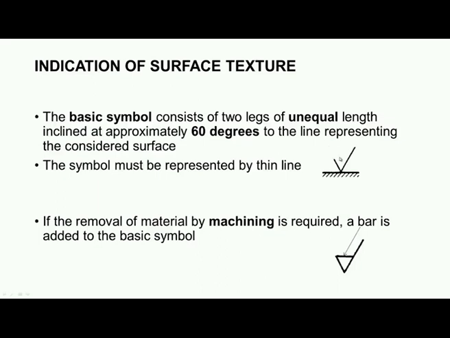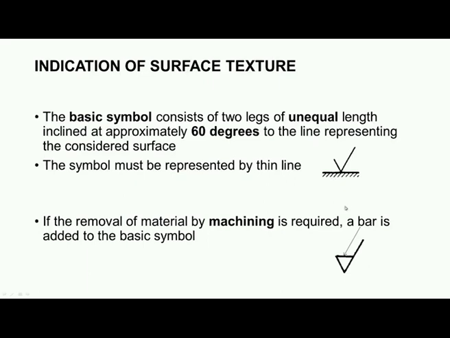This is the basic symbol which is used to indicate the surface roughness on technical drawings, and you can see the lengths are unequal and they are separated by 60 degrees, and this symbol must be represented by a thin line.